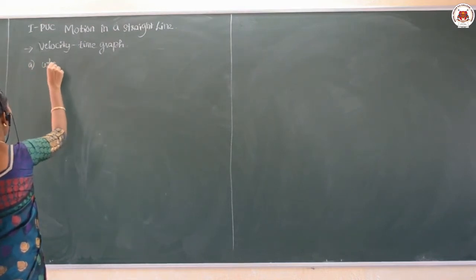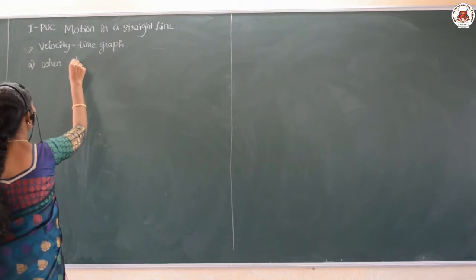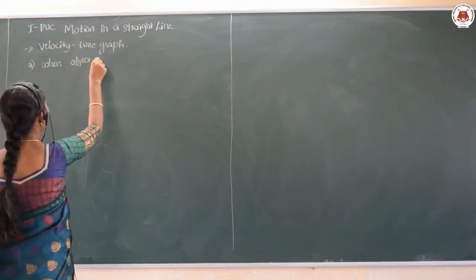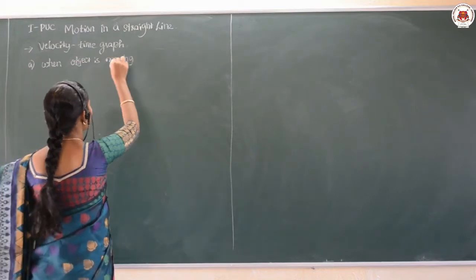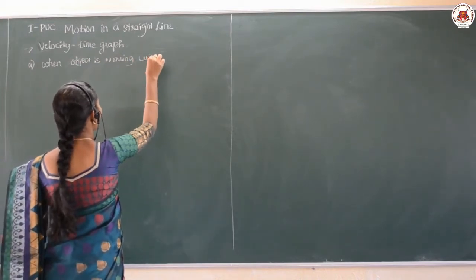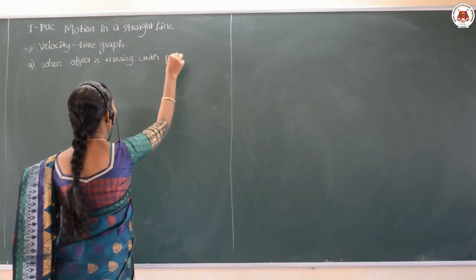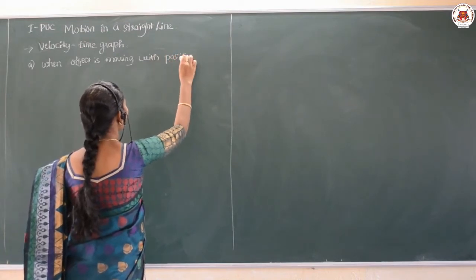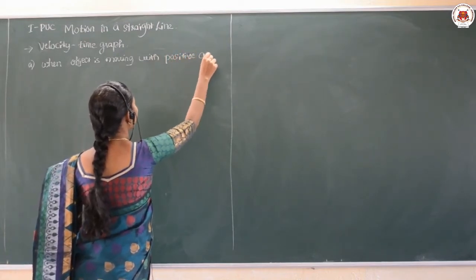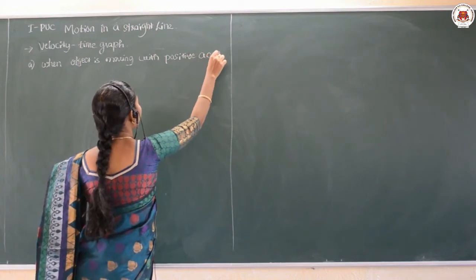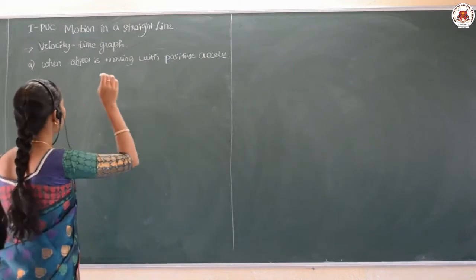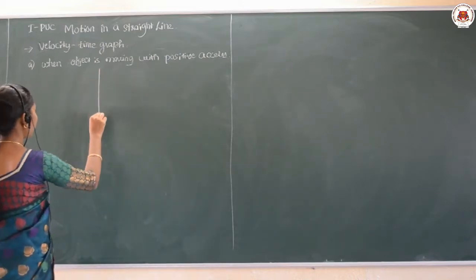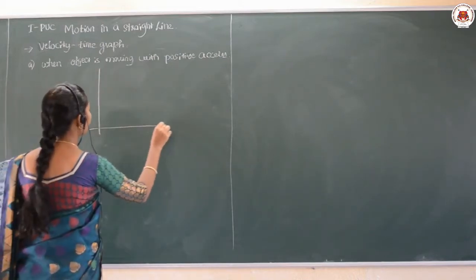When an object is moving with positive acceleration, what does positive acceleration mean? The velocity is increasing. The velocity of the body is increasing with time, so we can call that positive acceleration.